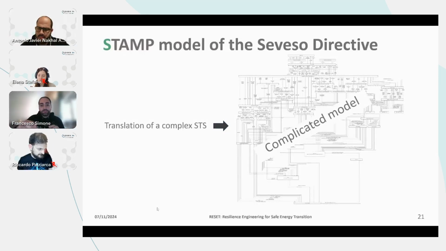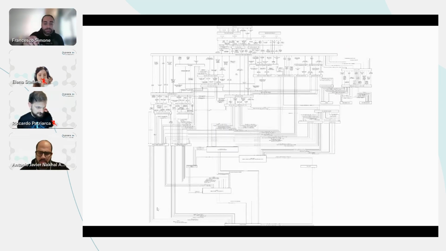It's really big, so it doesn't fit in the slide, and it's difficult to read what's written in there. But at a glance, it's possible to notice that there are a lot of agents, a lot of blocks, and a lot of arrows connecting blocks. So a lot of feedback and a lot of control actions are going on.